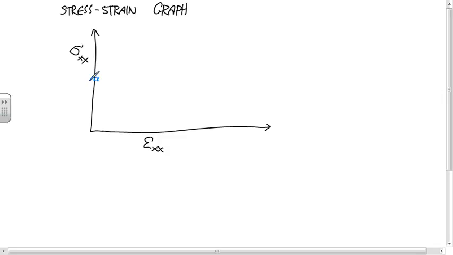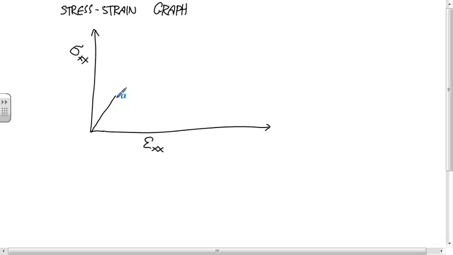Okay, so that's right. We are requiring that there's a linear relationship between stress and strain. So at least at the start, if there's zero stress, there's zero strain. So it's going to start here and go up like this. Then it'll branch off to the top.